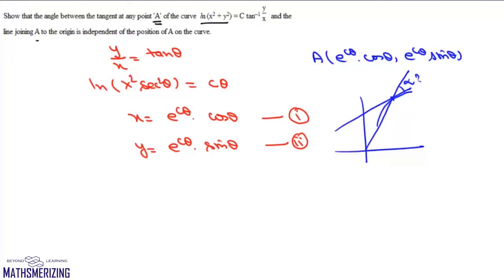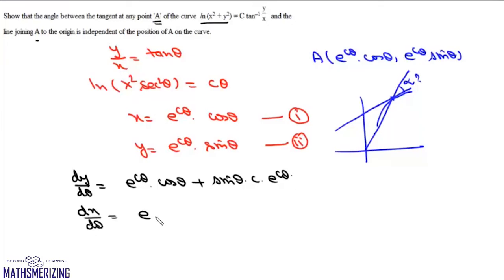Now first we will find the slope of the tangent at A. Now dy by d theta is e to the power c theta (cos theta plus sin theta c), and dx by d theta will be e to the power c theta (minus sin theta plus cos theta into c).